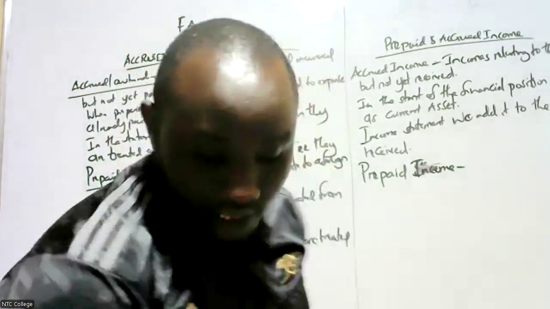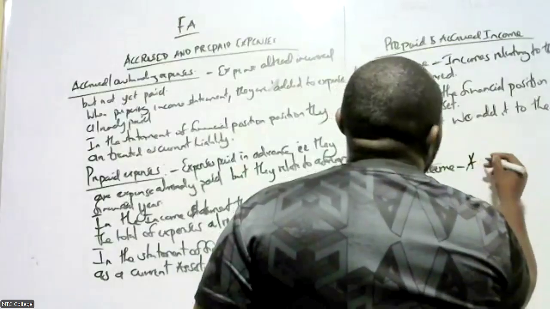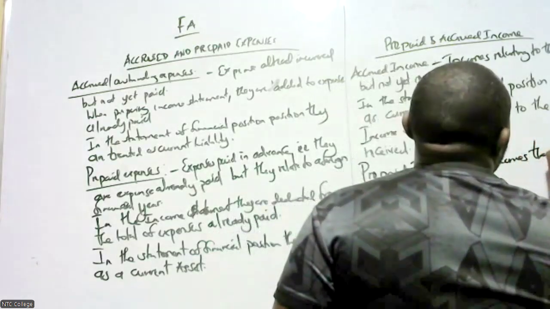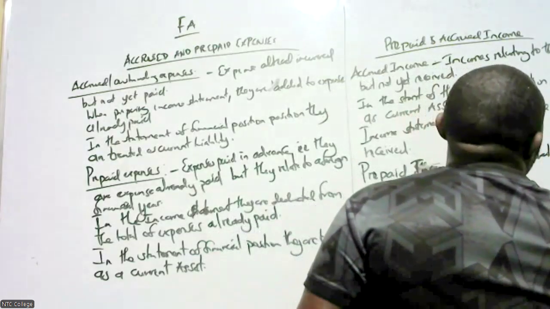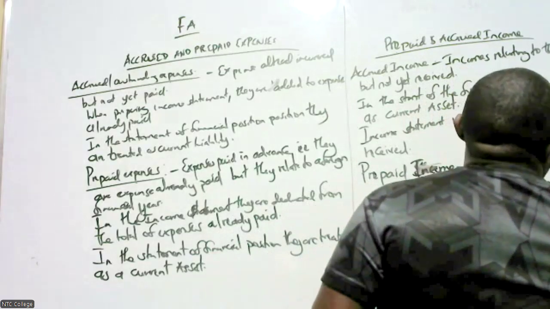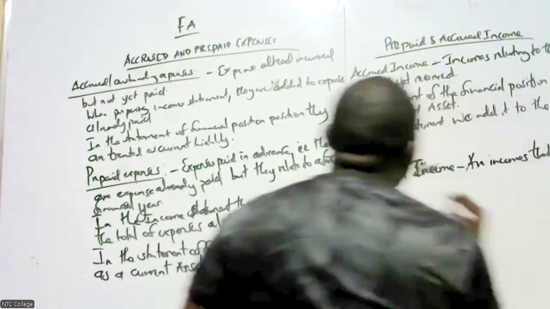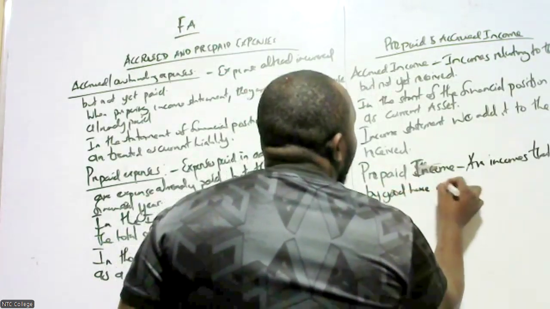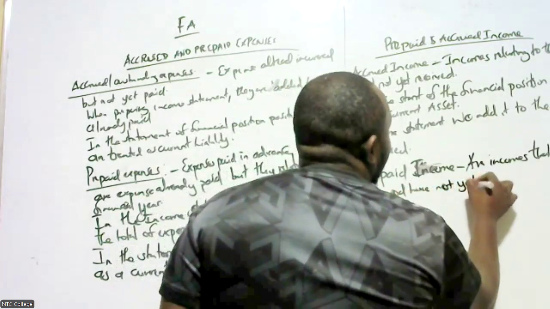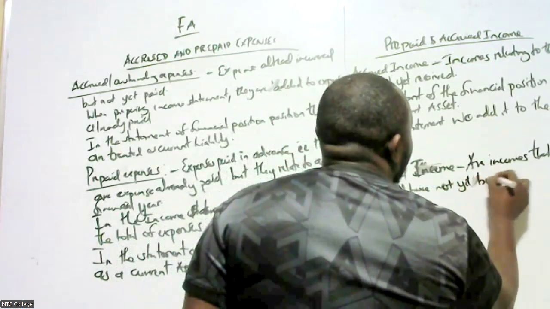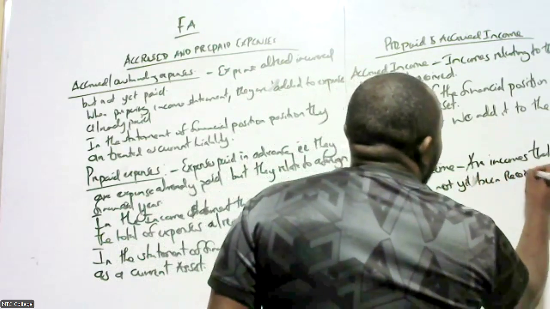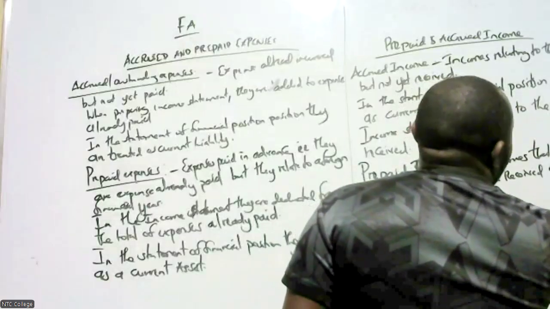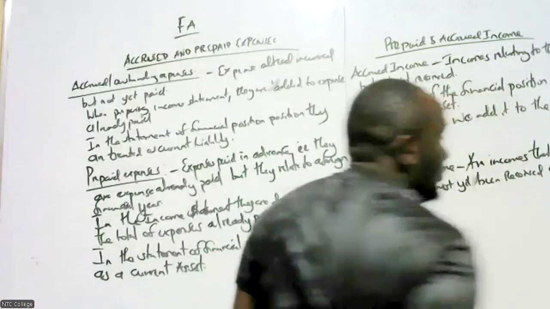So you say prepaid income is incomes that are already received, but goods have not yet been received, or services rendered, whichever.